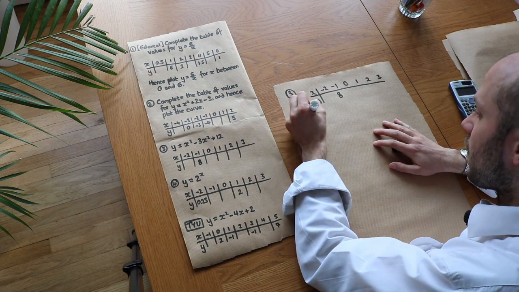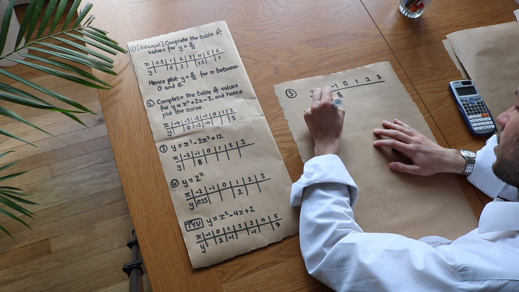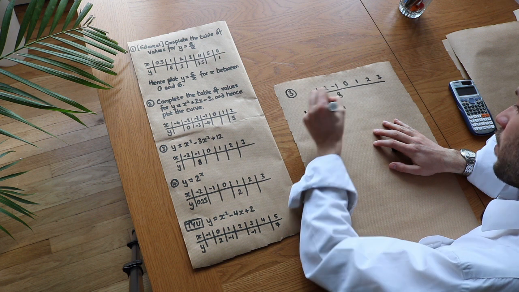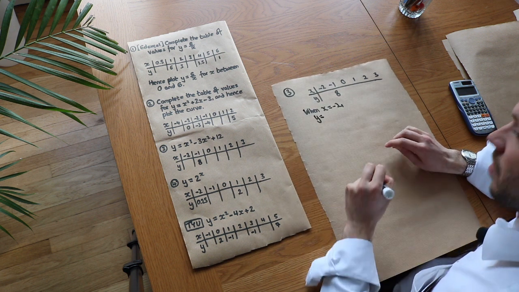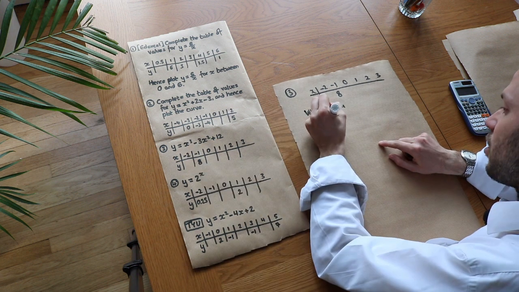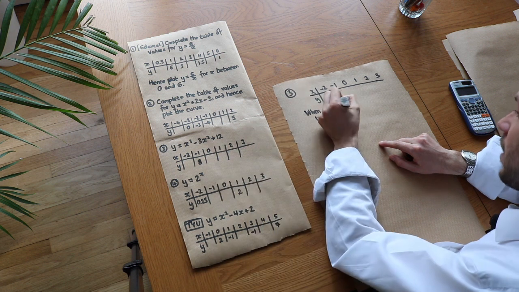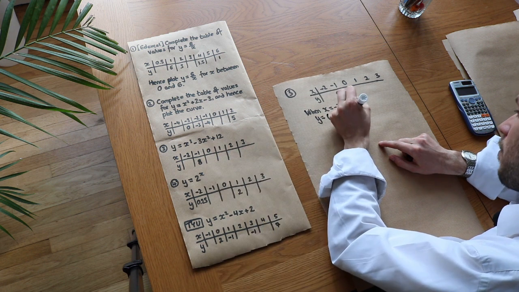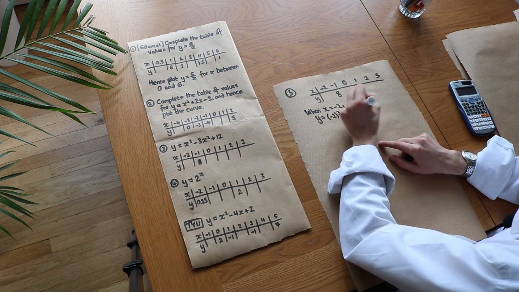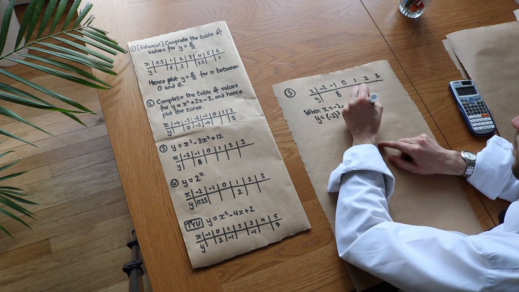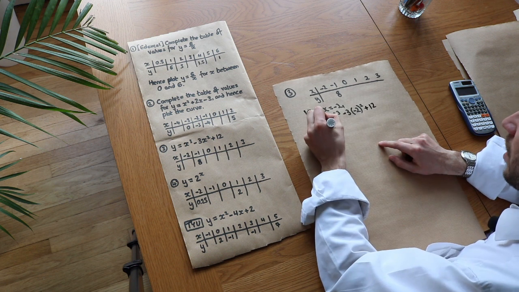When x is -2, y is equal to x cubed, so -2 in brackets, because it's a negative value, cubed, and then minus 3 times in brackets -2, close brackets, squared, plus 12. And then let's work out what each of these values are.